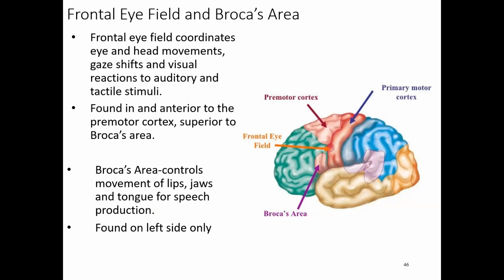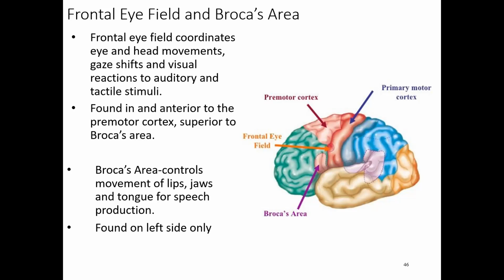Primary motor cortex is in the precentral gyrus, the ridge right in front of the central sulcus. The central sulcus is located right here. There's the precentral gyrus. There's the primary motor cortex that initiates motor activities. The premotor cortex involves planning, for example.